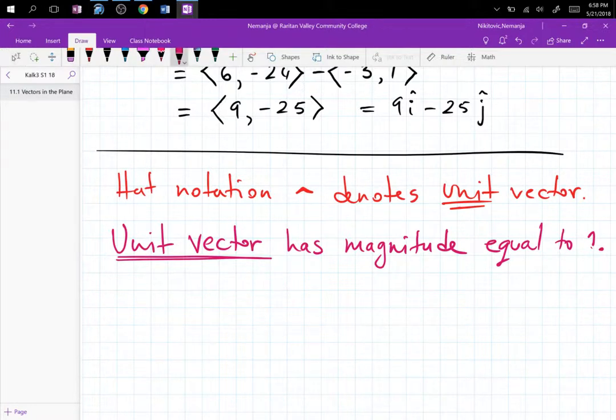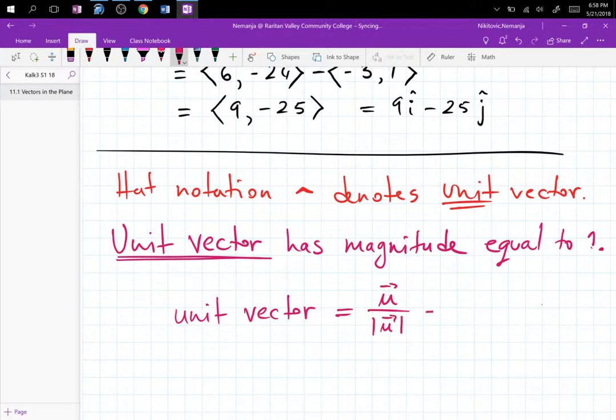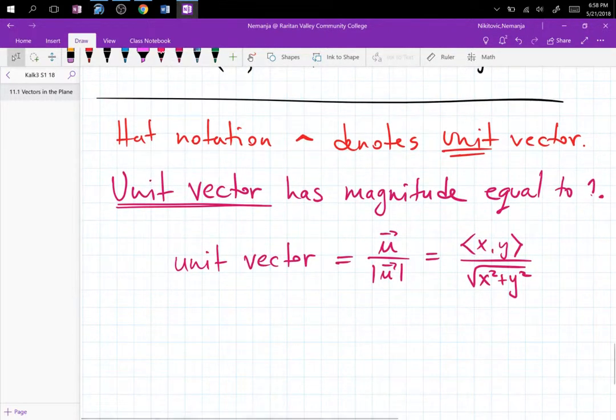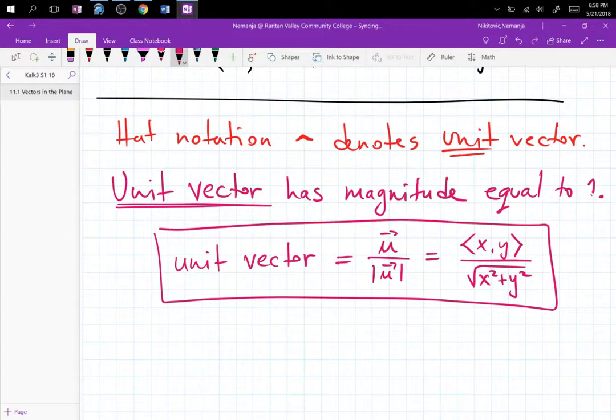Well, the unit vector is equal to, you take your vector, let me first do the notation. So you take the vector u and you divide it by its magnitude, or if you want your xy notation, you take xy and you divide it by its magnitude, square root of x squared plus y squared. This is your unit vector calculation.